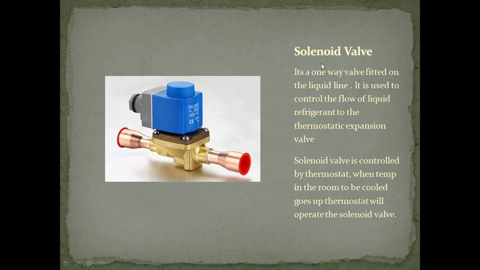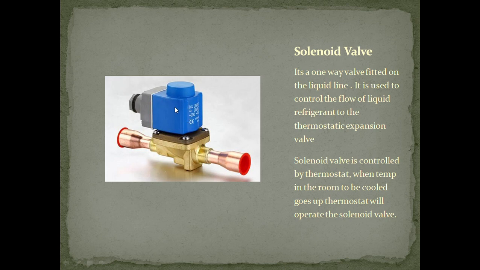Then there is the solenoid valve. What is a solenoid valve? I already told, a solenoid valve acts like a switch, okay. This is the solenoid and this is the valve. Depending upon the supply available, the solenoid will energize or de-energize. It's like an electromagnet, and there is a spindle inside which is controlled by this solenoid.